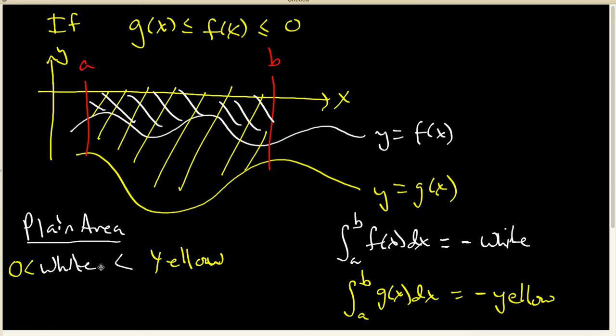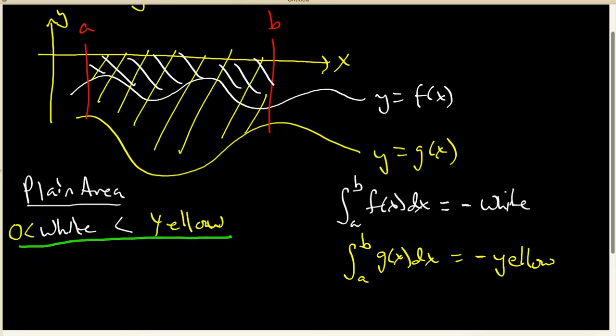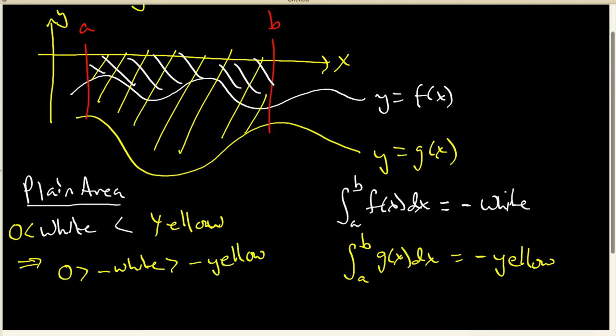And so what I want to do is multiply this inequality over here by -1. And when I do, I'm going to get that 0 is going to be bigger than minus the white area, and the white area is going to be bigger than minus the yellow area.